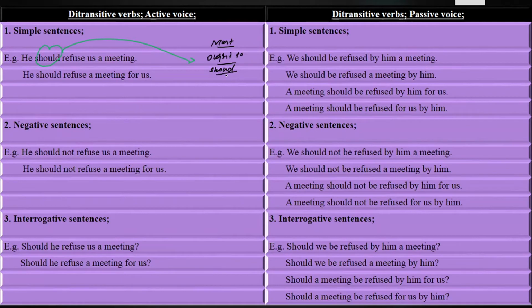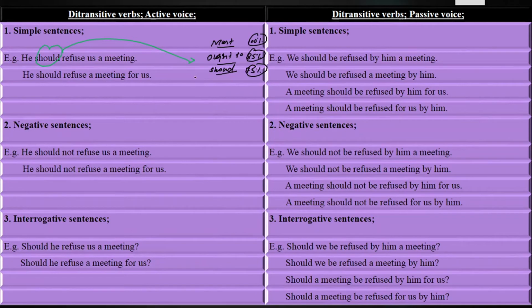For possibility which has 100%, we will be using the modal auxiliary verb must, ought to for 85%, and should, which we are discussing today, is used for 75%. Must is used for 100%, ought to 85, and should for 75.